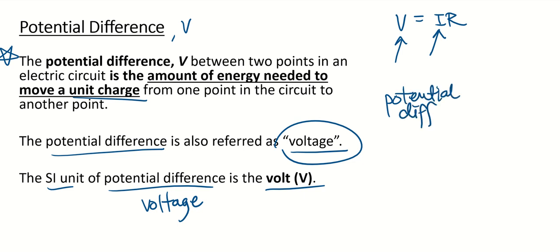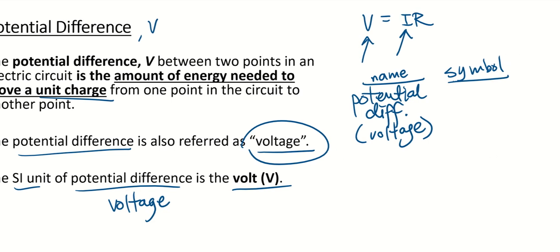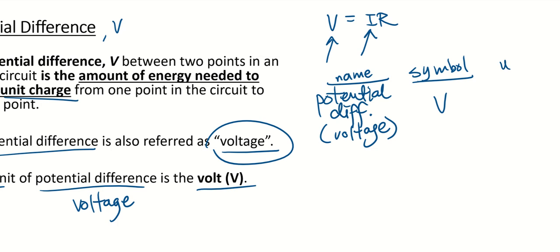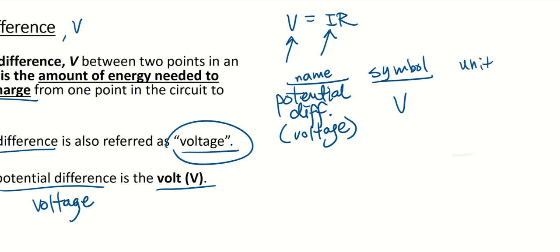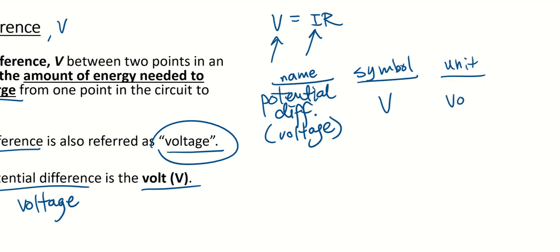It's also known as voltage. So this is the name. Then the symbol to represent potential difference is V. Then the unit is called volt.